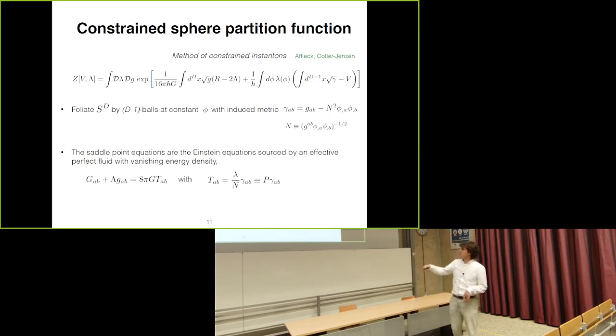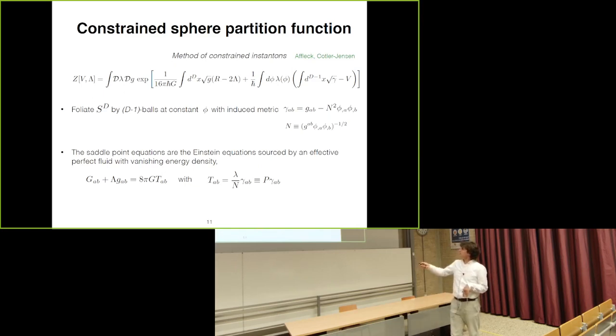And what we do is we foliate this sphere by (D-1)-balls, as I already mentioned, and they are at constant phi. And we impose the condition that for all constant phi slices, the spatial volume is the same. So this gamma here is the induced metric on this slice, and N you can think about as the lapse.